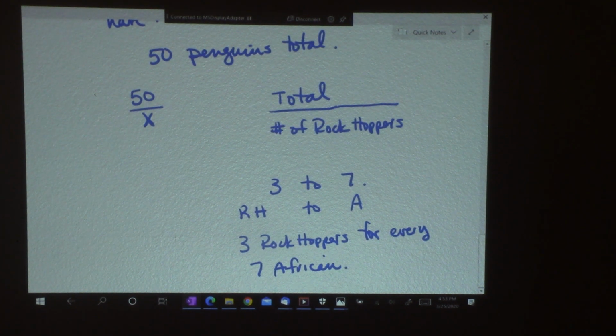Okay? So from that, I can come up with a total based on my ratio.